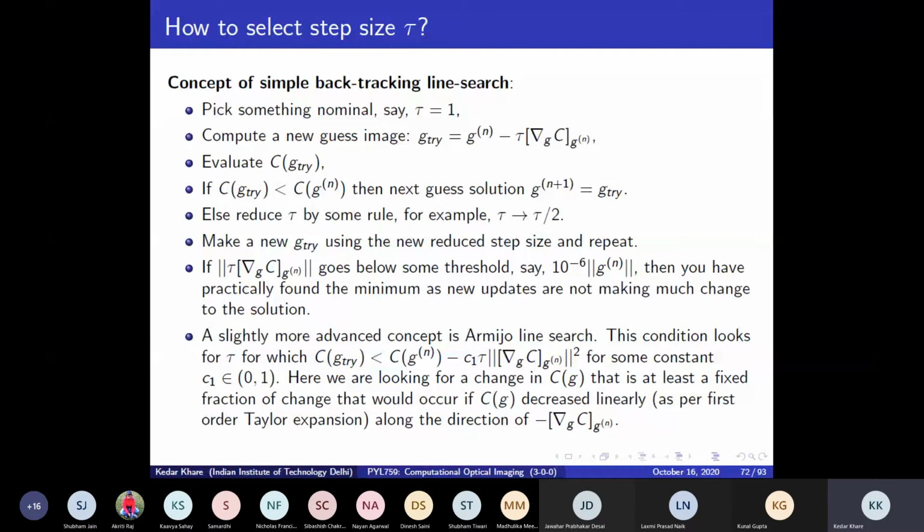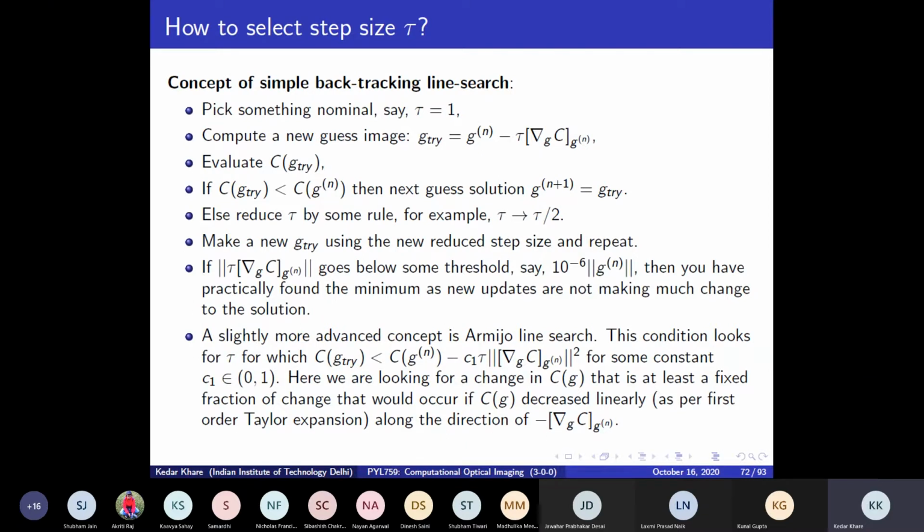And then I can repeat the whole process again. So now I will have a new tau, and with that I will calculate a G trie, evaluate C of G trie and check whether C of G trie is less than C of Gn. If it is true, then my next guess is the G trie. If again this condition is not met, then I will again reduce tau by the same route, okay?